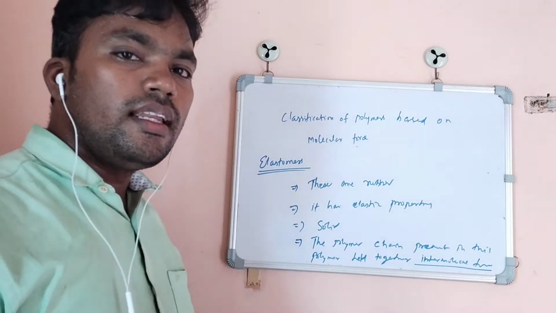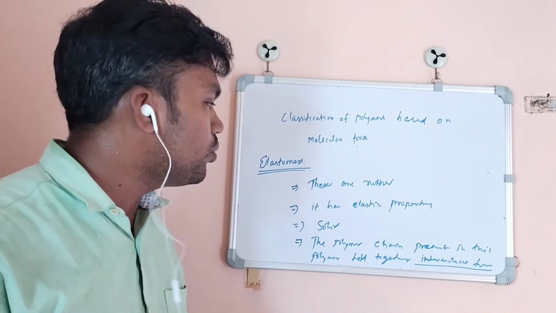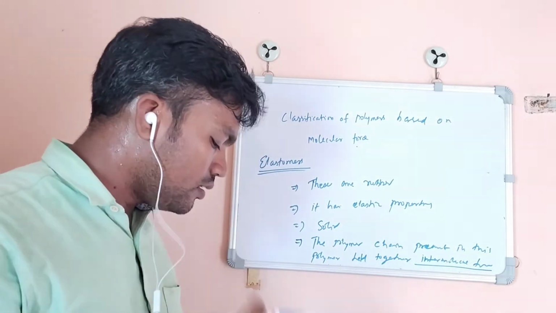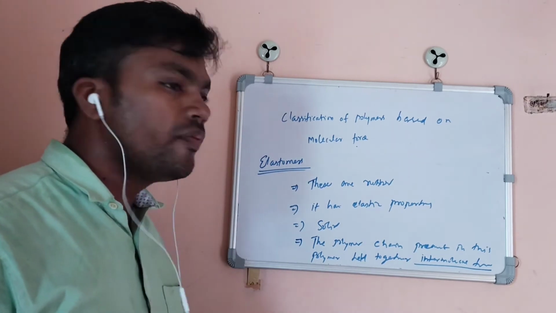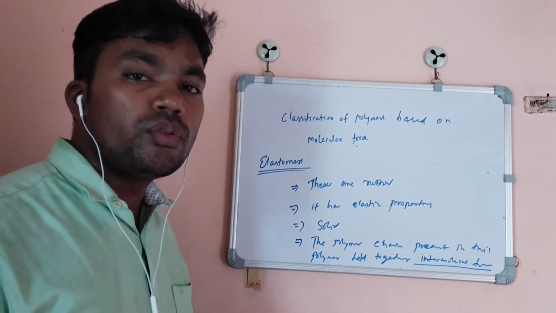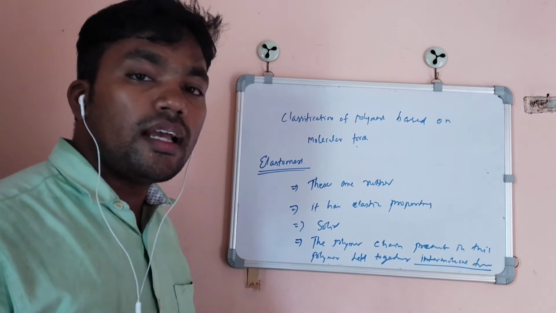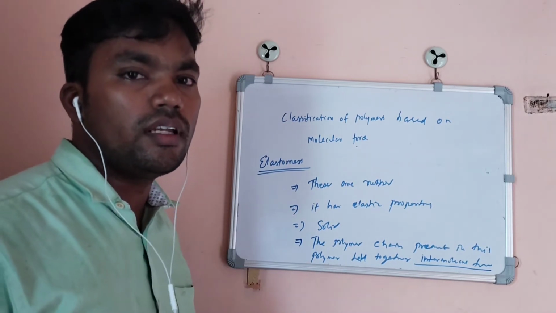A few cross-linked polymer chains are introduced in this elastomer material, which help them to retract after the force is released. In our daily life we use clothes which are elastic in nature.